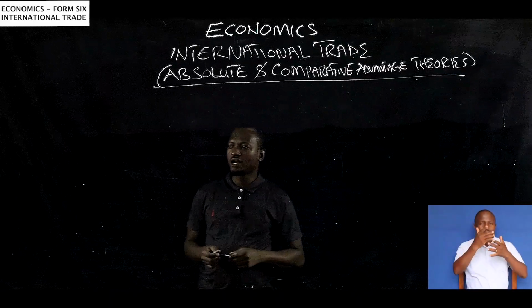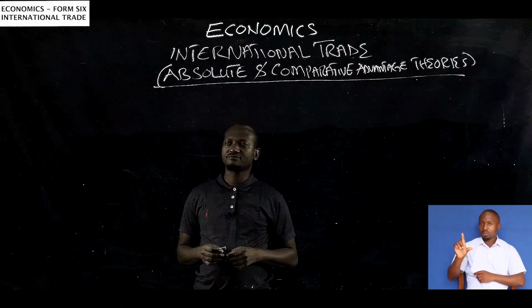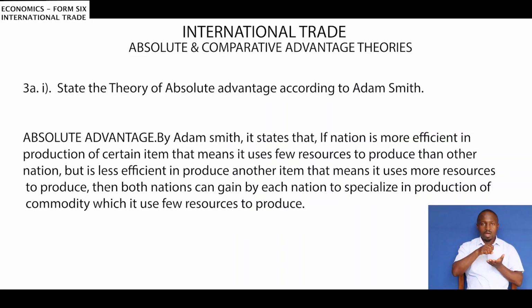According to Adam Smith, a nation has absolute advantage if it can produce a commodity more efficiently than the other country. That means it uses few resources to produce the commodity compared to the other country.